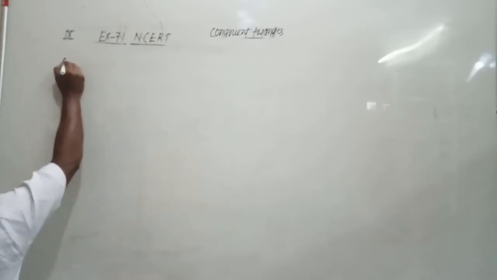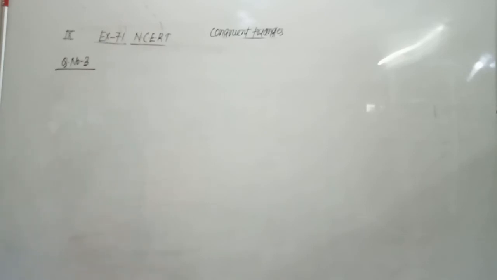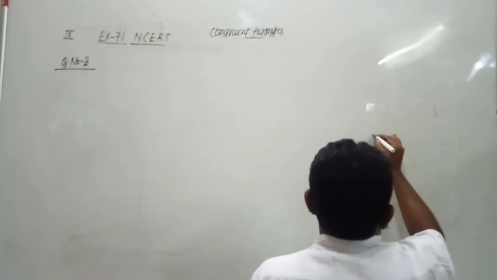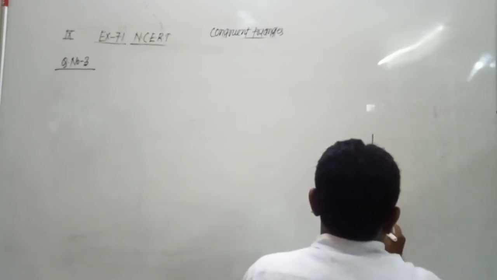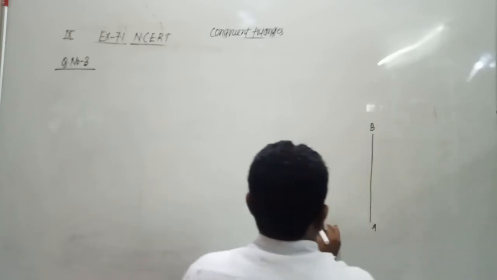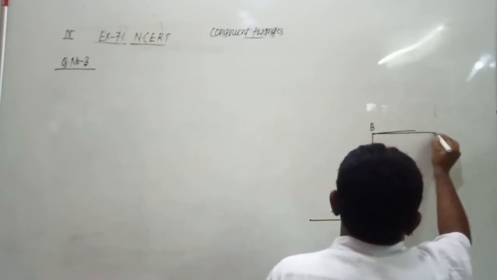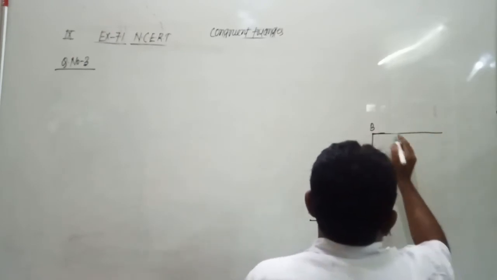Now question number 3. AD and BC are equal perpendiculars to a line AB. There is a line AB, and AD and BC are equal perpendiculars on line AB.